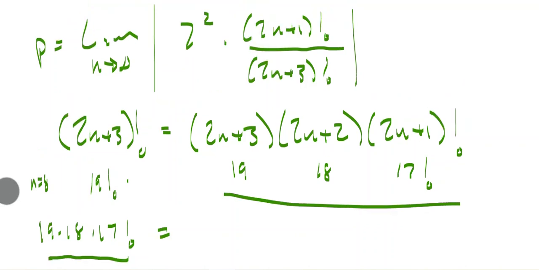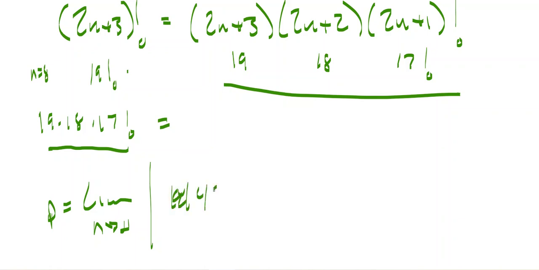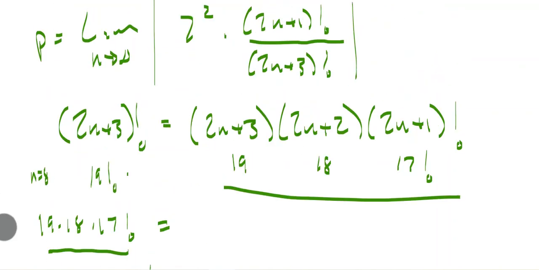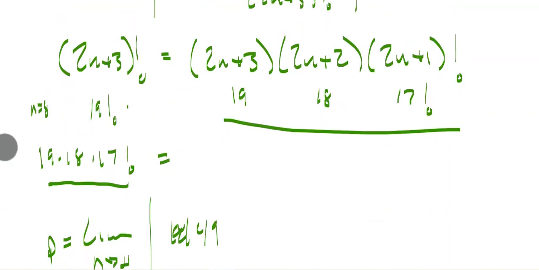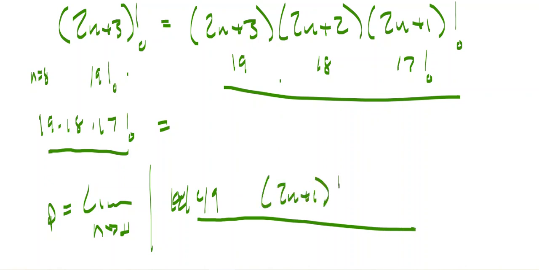So what do we have here now? We have 7 squared. This whole thing then reduces to rho is equal to the limit as n approaches infinity of the absolute value of 7 squared, or 49, times, in the numerator, 2n plus 1 factorial.